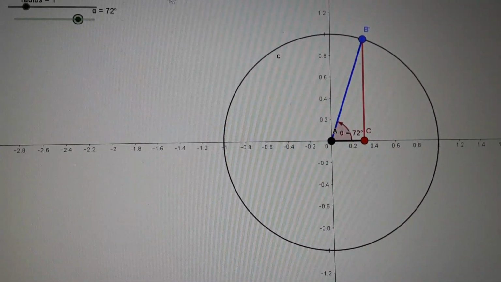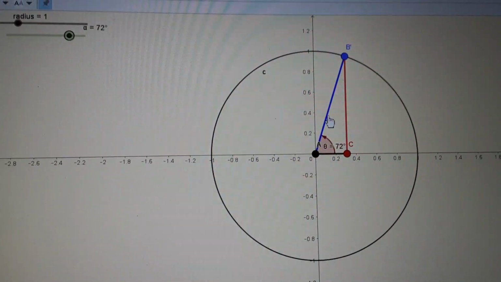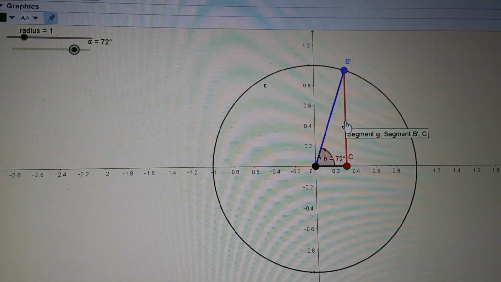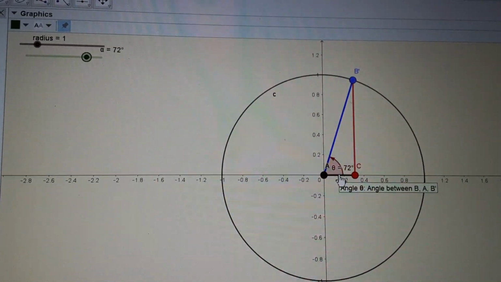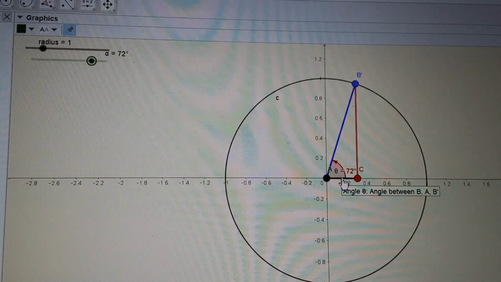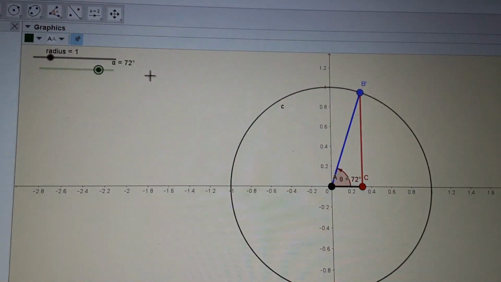Let us see this. As theta decreases, the opposite side becomes smaller and smaller and becomes 0 ultimately, and the adjacent side increases in length to be equal to that of the hypotenuse. Now let us see.